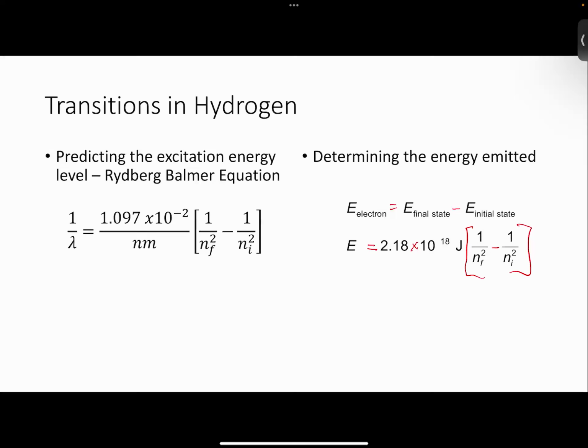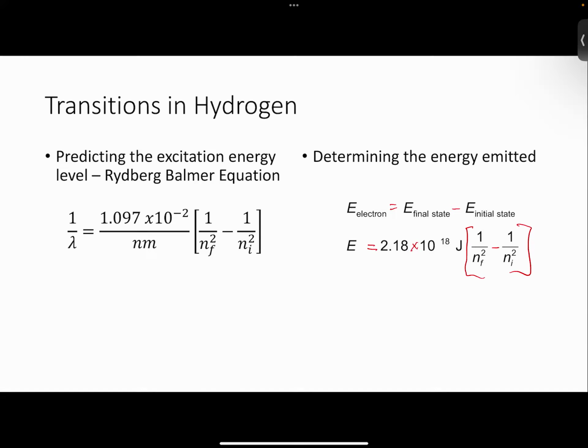To do so, you're going to use the Rydberg-Balmer equation. The Rydberg-Balmer equation is 1 over the wavelength equals the Rydberg constant. When you do the homework on Active, they give you the constant.